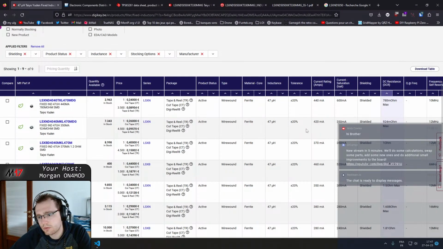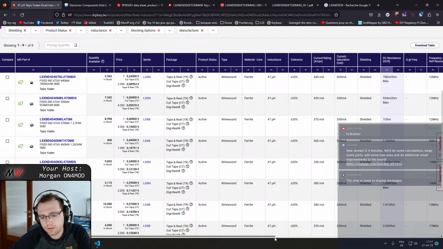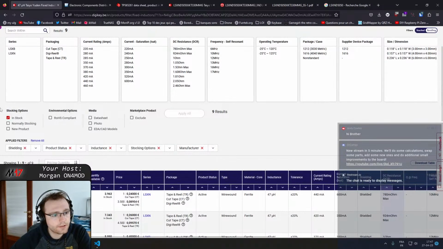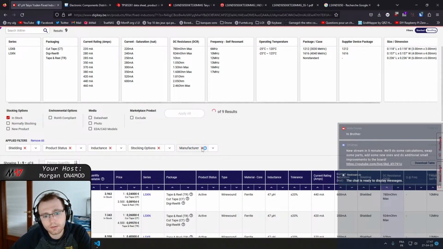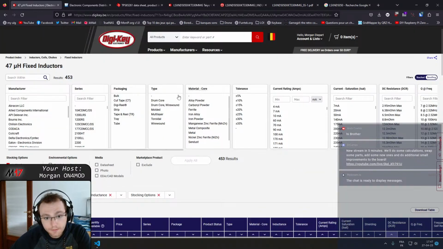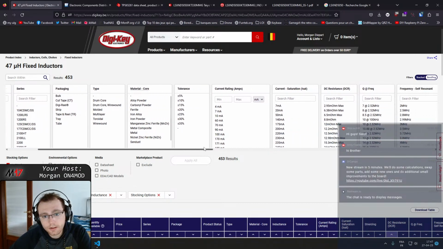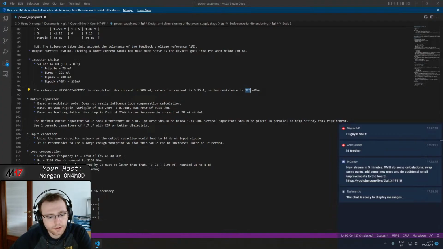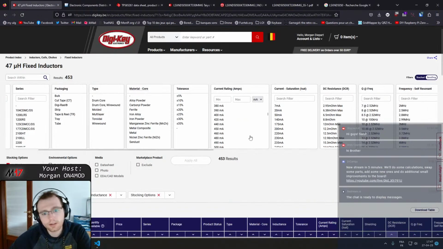Oh wow, it's quite high. I'm surprised. Okay, then we said that we were having 288 milliamps peak. Let's pick at least 500.